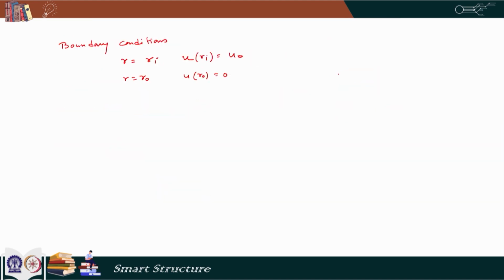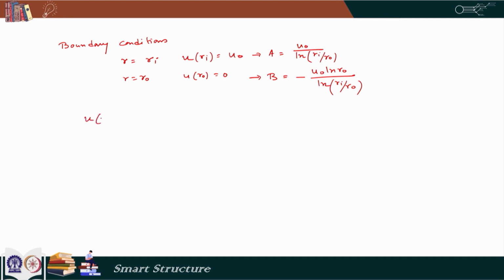Now, after putting the boundary conditions, I can evaluate the constants a and b. So, a is equal to u 0 divided by the natural log of r I by r 0, and this gives me that b is equal to minus of u 0 natural log of r 0 divided by natural log of r I by r 0.